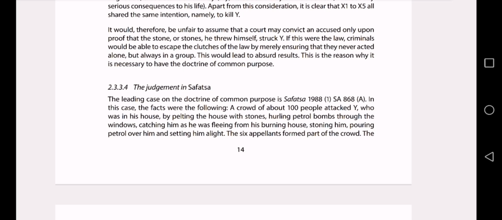The judgment of Safatsa. The leading case on the doctrine of common purpose is Safatsa, 1988 SA 868A. In this case, the facts were the following.